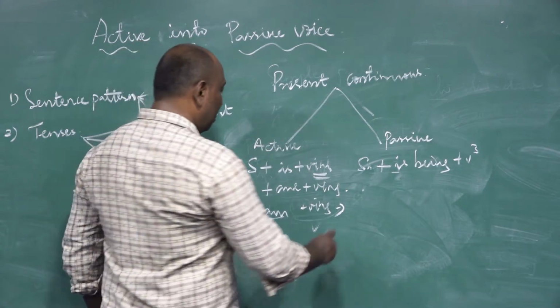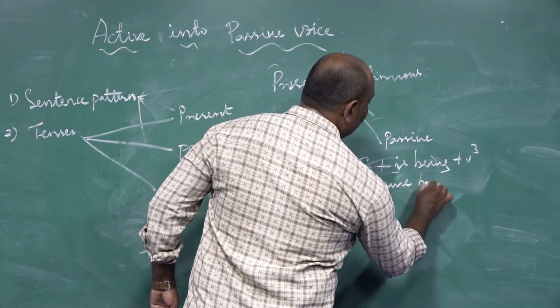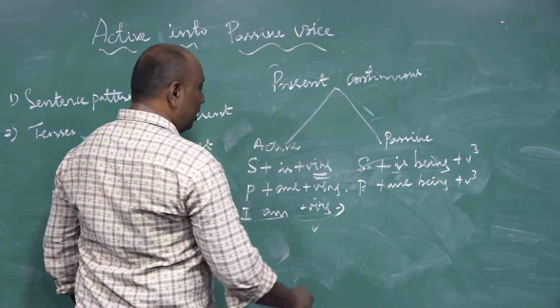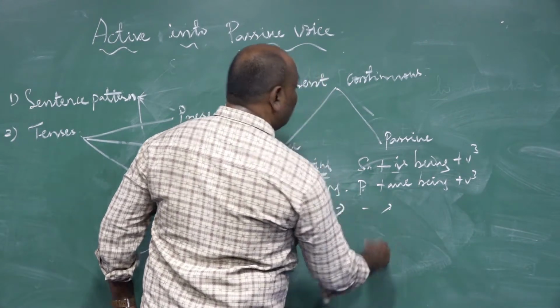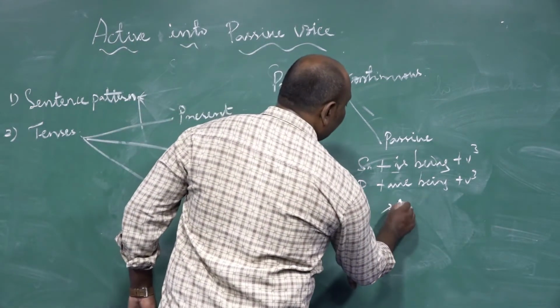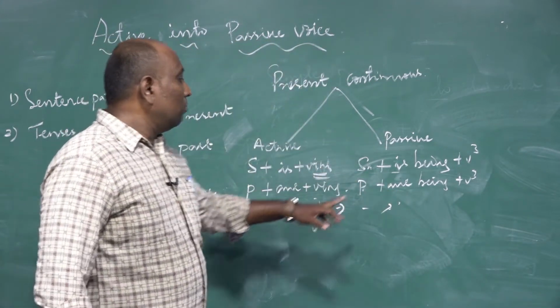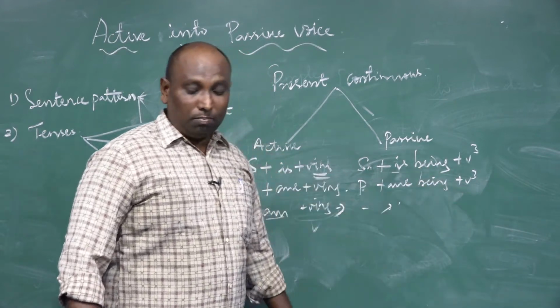And when it is I, "am being". So remember: is being, are being, am being plus the verb's third form.